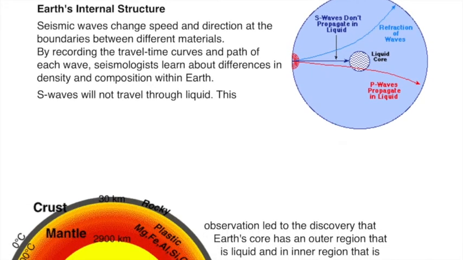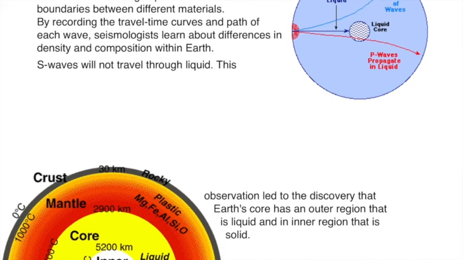Okay, so if you start measuring different shaking, and you can pick it up at one seismic station but not another, it means that the S wave is traveling through solid to get to the first seismic station, but since it never reaches the second, it must be headed into liquid on the internal part of the Earth.